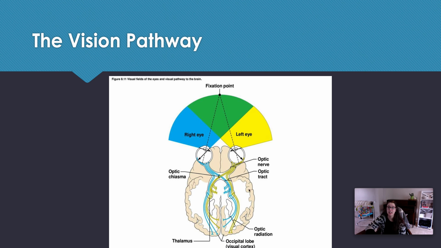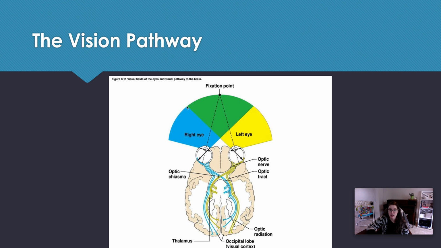And that's because when it comes to your vision, each lobe is interpreted by the opposite side. And so, as you can see here, we're looking at this fixation point that is a combination of the left and right eyes.